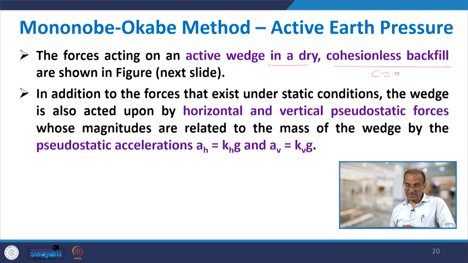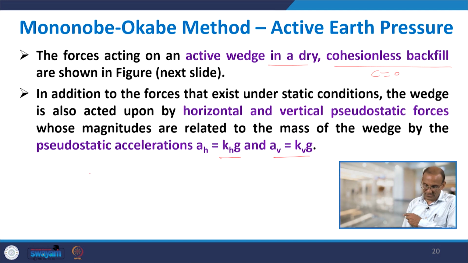Here, what are KH and KV? KH and KV are dimensionless pseudostatic coefficients, same as we discussed in seismic slope stability. In addition, the forces that exist under this wedge are also acted upon by horizontal and vertical pseudostatic forces, which are mass multiplied by AH.